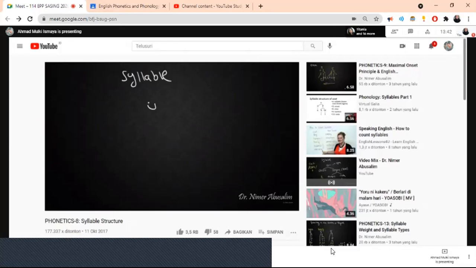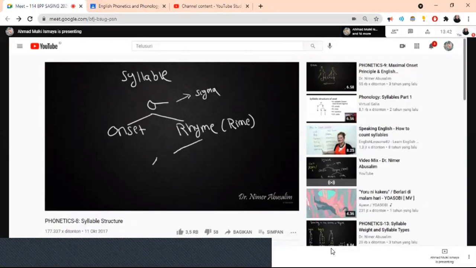The syllable, which we use this symbol here, sigma, to stand for, is broken up into two main parts, the onset and the rhyme. Some people write rhyme like this. Either way is fine. The rhyme is then broken up into two parts, the nucleus and the coda.